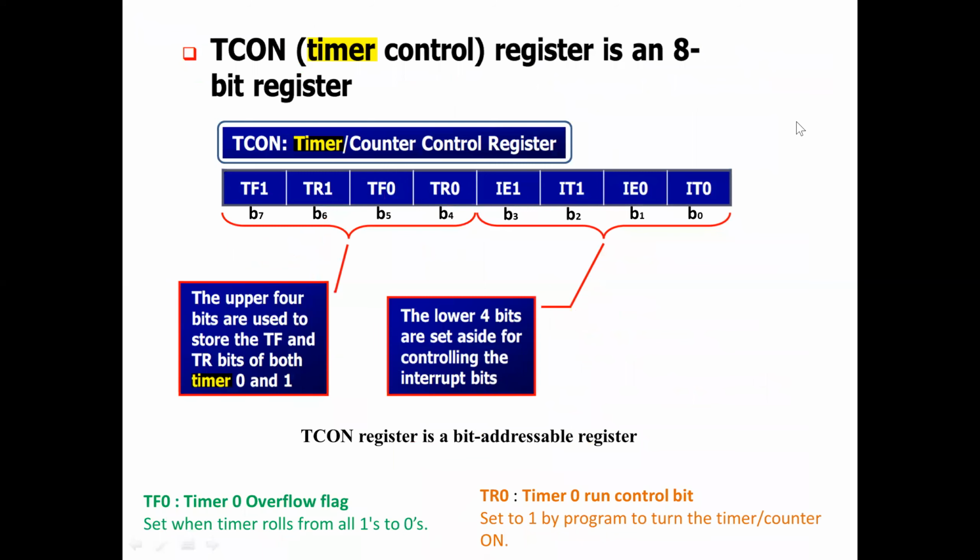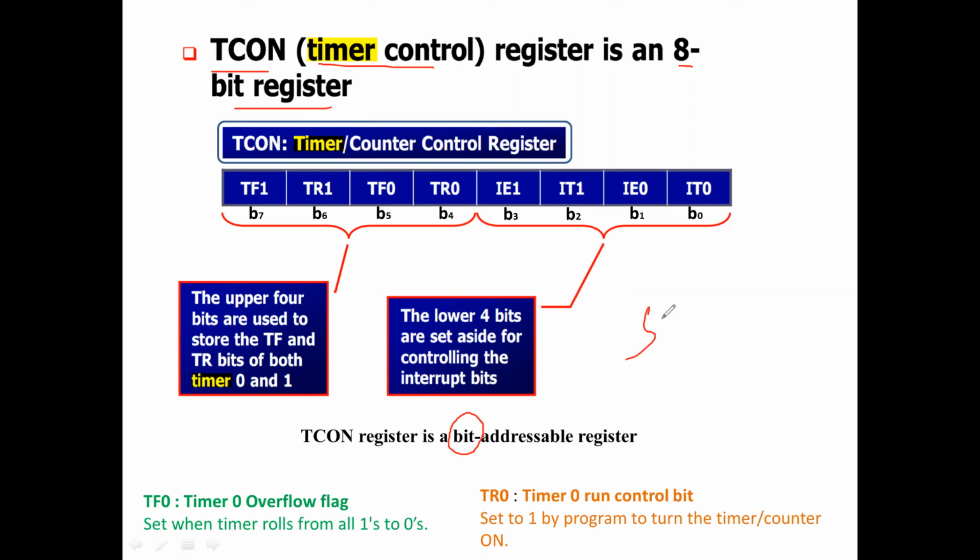Next, the main important thing: in order to run the timer, we have another register, the TCON register, that is the timer control register. It is one more 8-bit register, and this particular register is bit addressable. What is bit addressable?